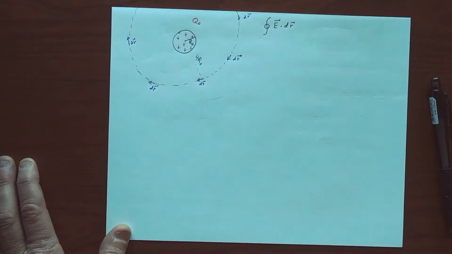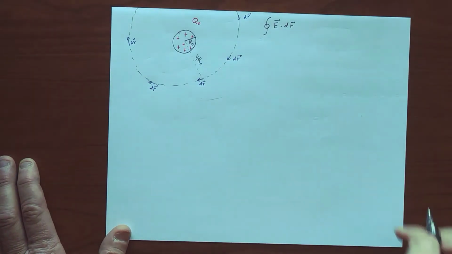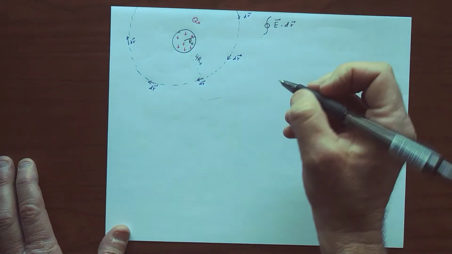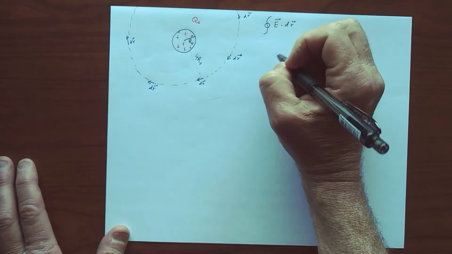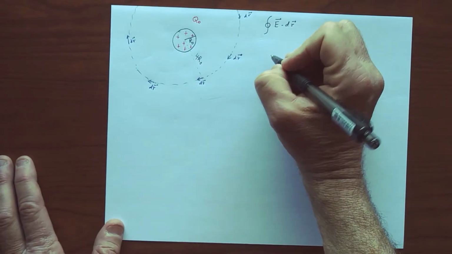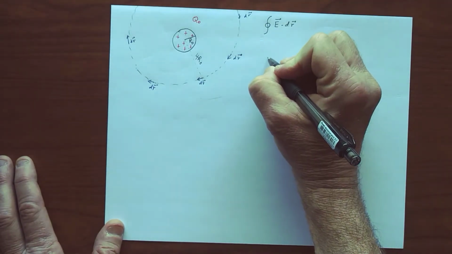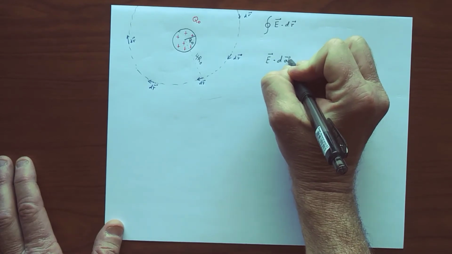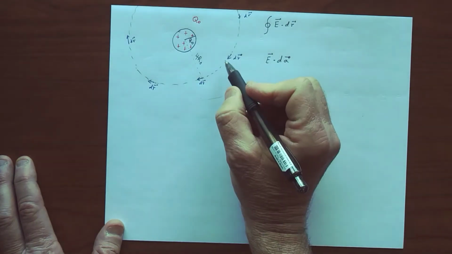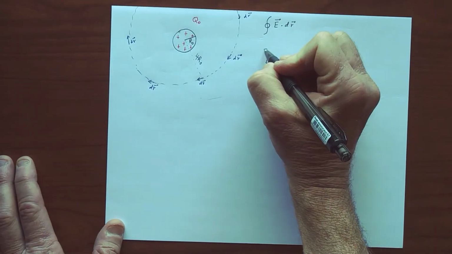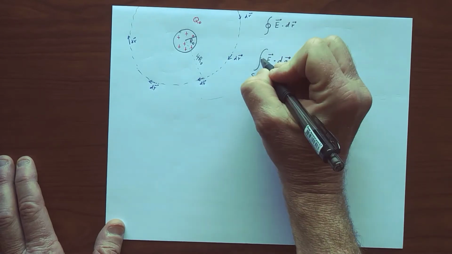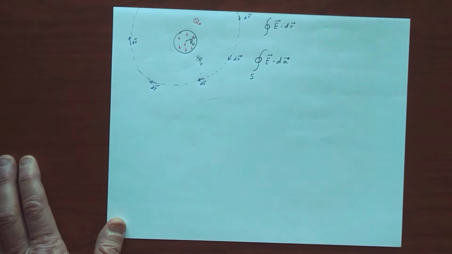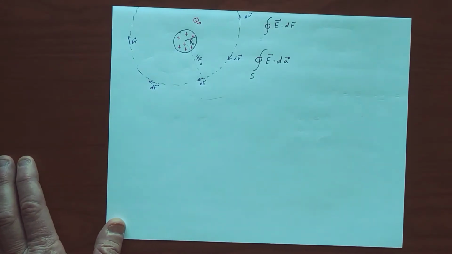First, I need my electric field. So to get the electric field everywhere along this path, at least in magnitude, I can use Gauss's law, which says that the integral of the electric field over a closed surface, that's different from a path, that's the integral over a surface. dA is not dr, two different kinds of physical quantities.